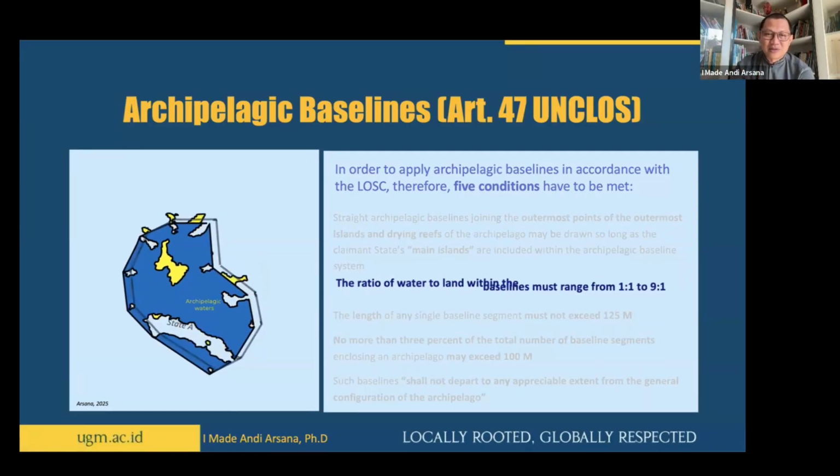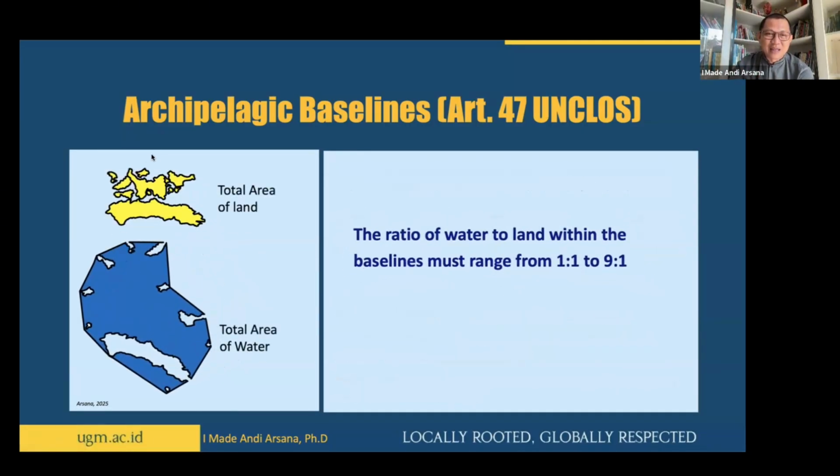So it will look like this. Imagine you can collect all the islands, so you can measure the total area of land, right? Add this, add this, add this, all the total area. You can also calculate the area of water minus land. So now you know the total area of land, you also know the total area of water.